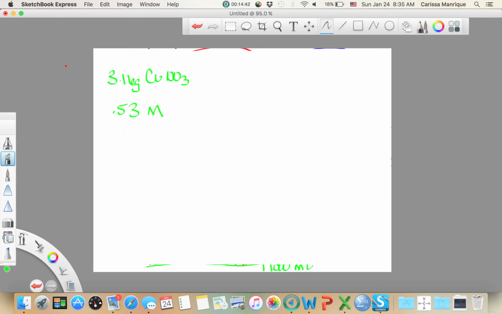Okay, now remember, molarity equals moles per liter. And it wants us to find the volume. And I think it actually wants it in milliliters, but that's not a big deal. Basically what we're trying to find is liters right here. So we have a molarity, check, check.